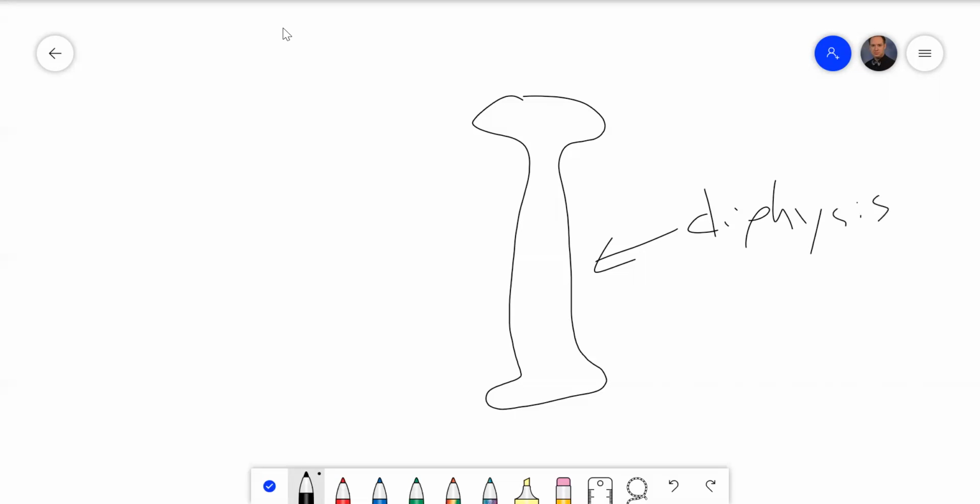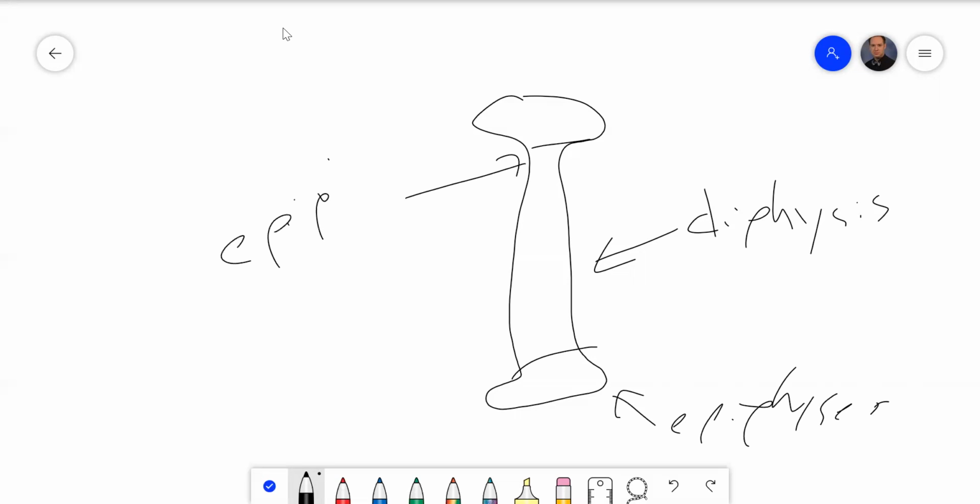The widened ends are then epiphyses. We have a line right there. In juveniles, this will be the epiphyseal plate. More on that in a bit.